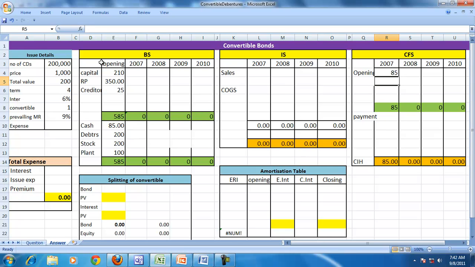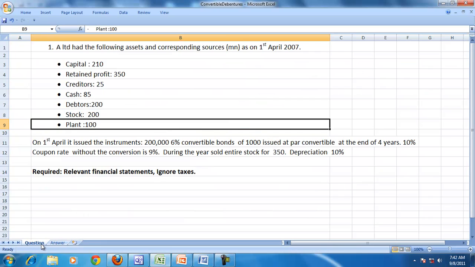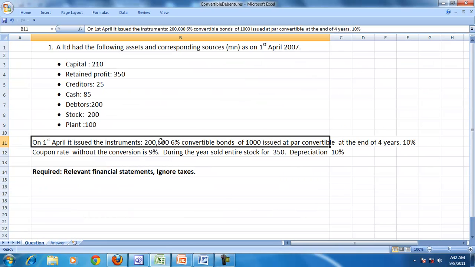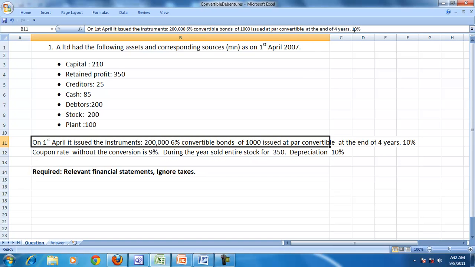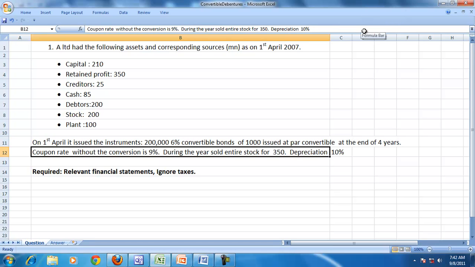Now with these items, they go for the issue of the convertible debentures, 200,000, coupon rate 6%, convertible into shares, and the coupon rate without conversion is 9%.